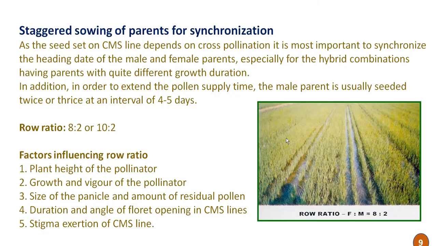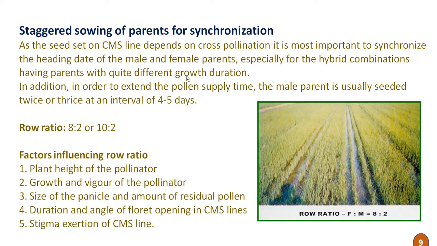So this is the fertilizer requirement. Then staggered sowing of parents for synchronization. The synchronization of male and female parents is a key factor for higher seed set in hybrid seed production.